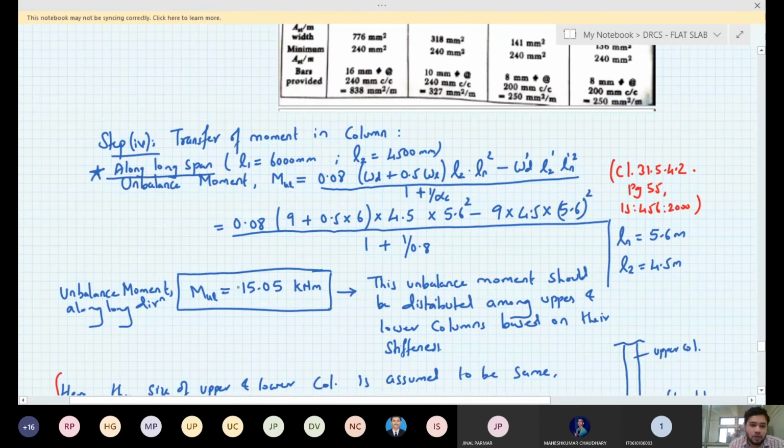Now this is the total unbalanced moment along the long direction. Now out of this unbalanced moment, a fraction of it will be carried by the flexural couple, and the remaining will be carried by the shear couple. So we have to find out the factor, which is also given in the code.